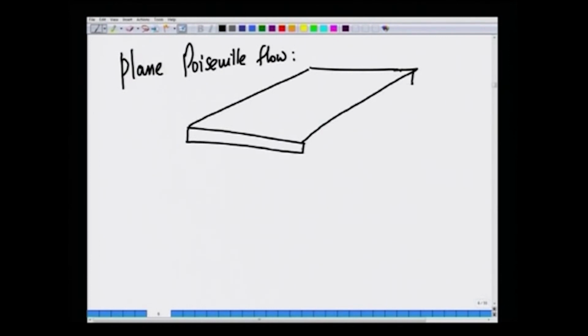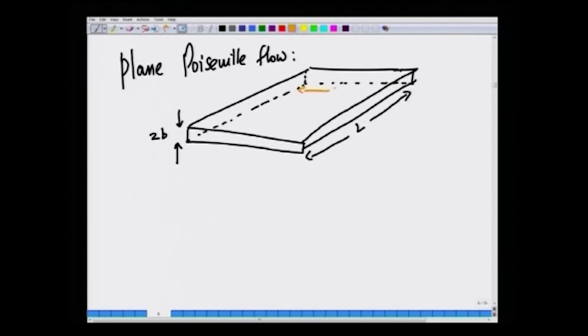You have a rectangular channel, and the distance between the two plates, the gap width, let us call that 2b. Let the length be L and let the width be W, and fluid is flowing in this way.